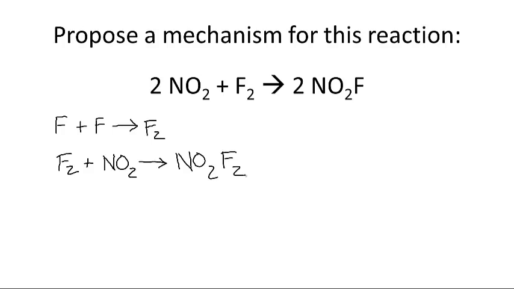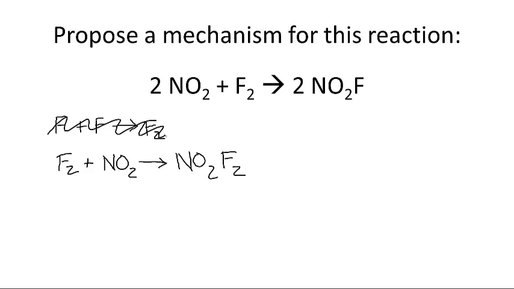So this first step you wrote, F plus F makes F2. The problem with that is, do we need that to make up this reaction? No, because this reaction starts with F2. So I'm going to take that part out. But the second step certainly could be part of it. So your first step might be a molecule of F2 combining with a molecule of NO2.